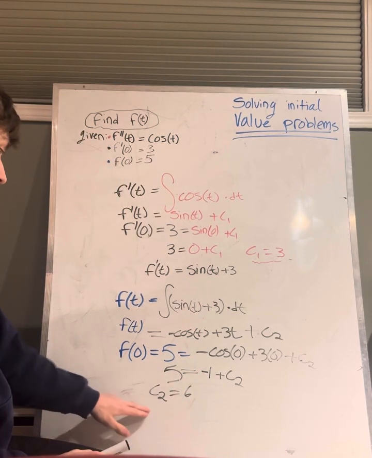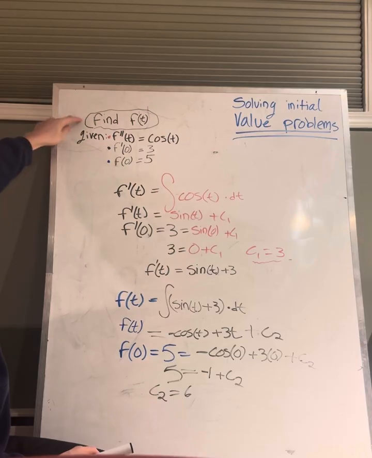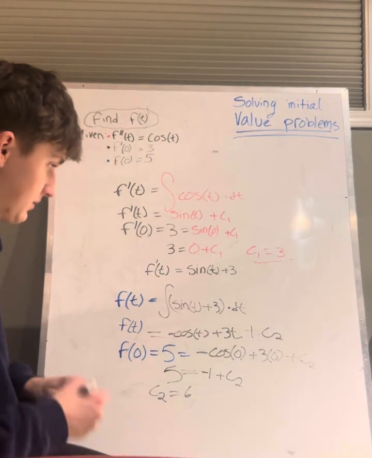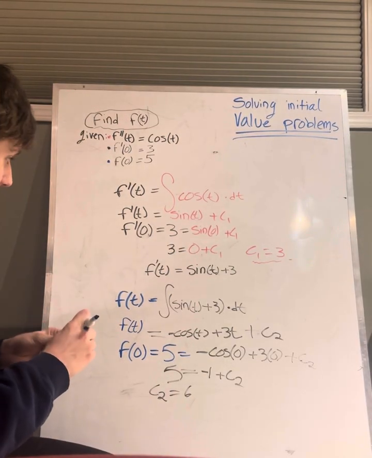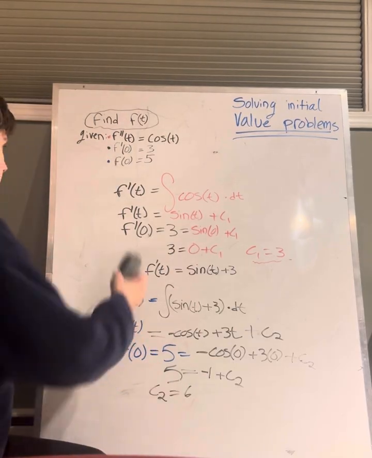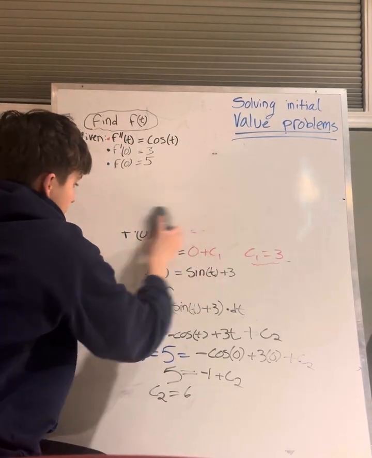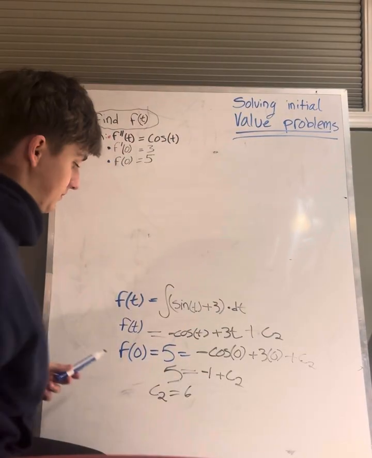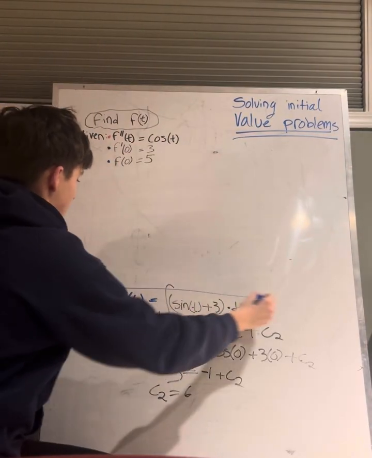So now we have all of our information here to find f of t. I'm going to clear up some space. And we're going to move up to here now.